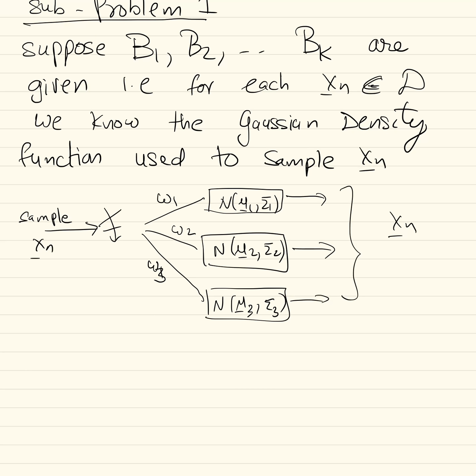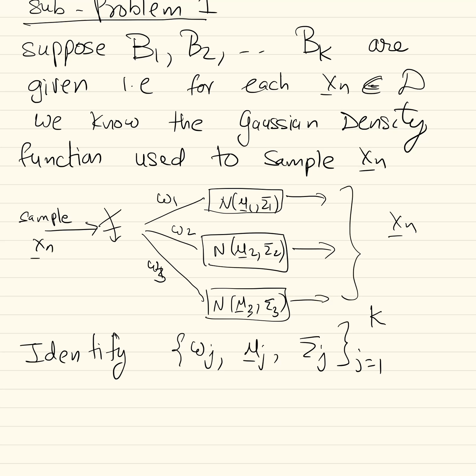And your goal is to identify what Wj, mu j, and sigma j are. So here we will use empirical means, as we discussed in this example, or empirical estimates.